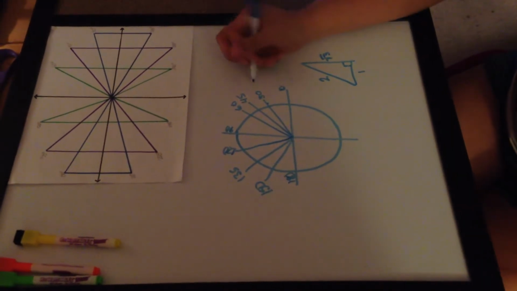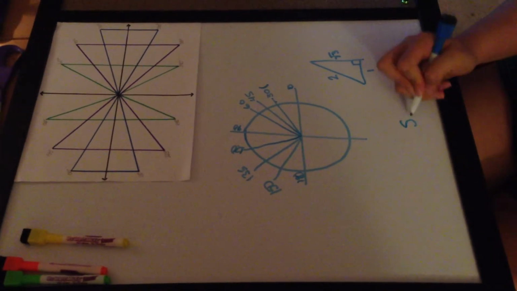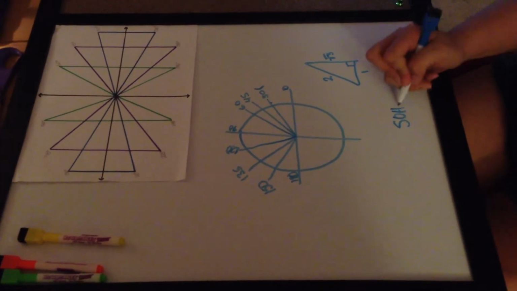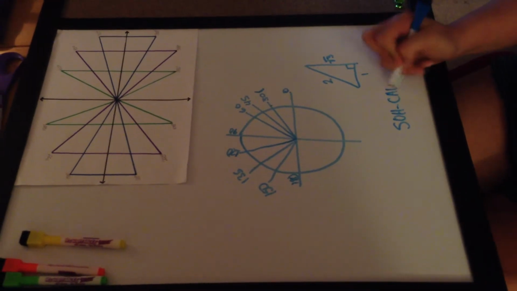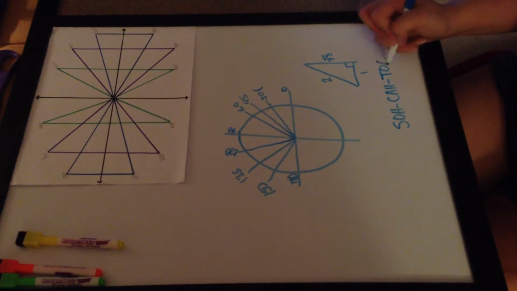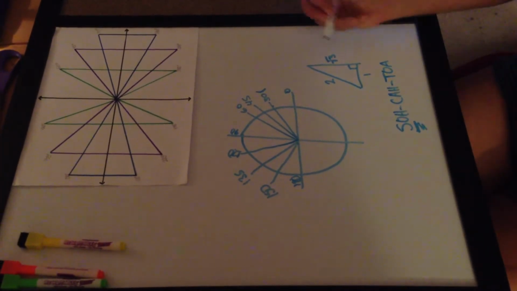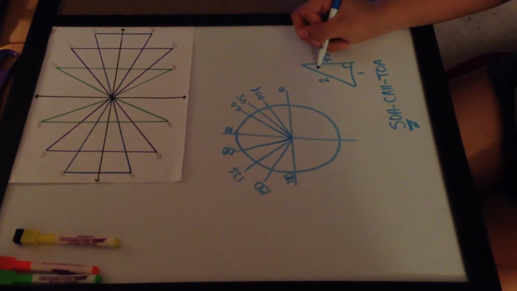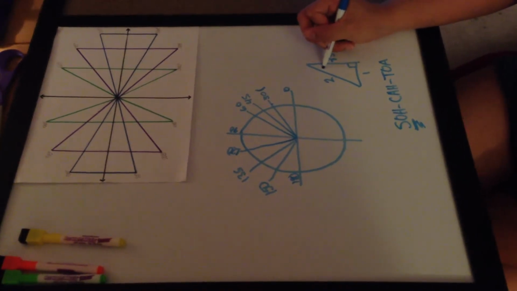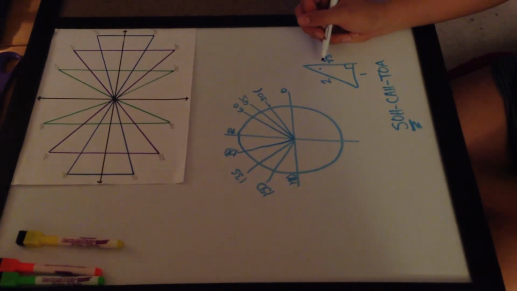And so if we're going to find the sine, if you remember SOHCAHTOA, the sine here would be the opposite over the hypotenuse.